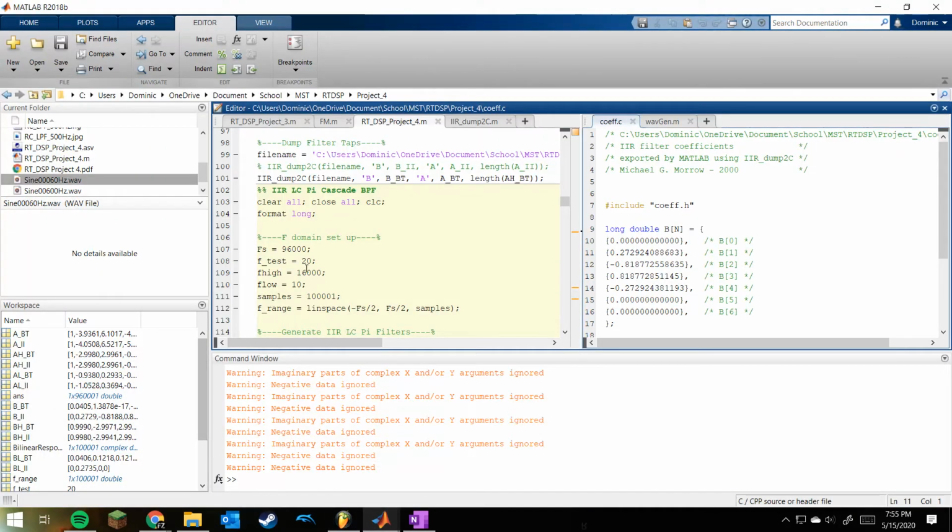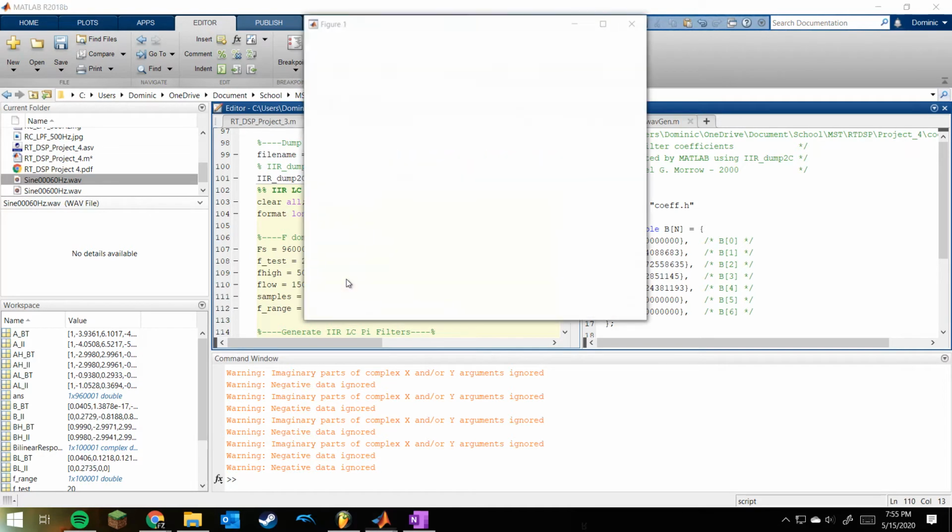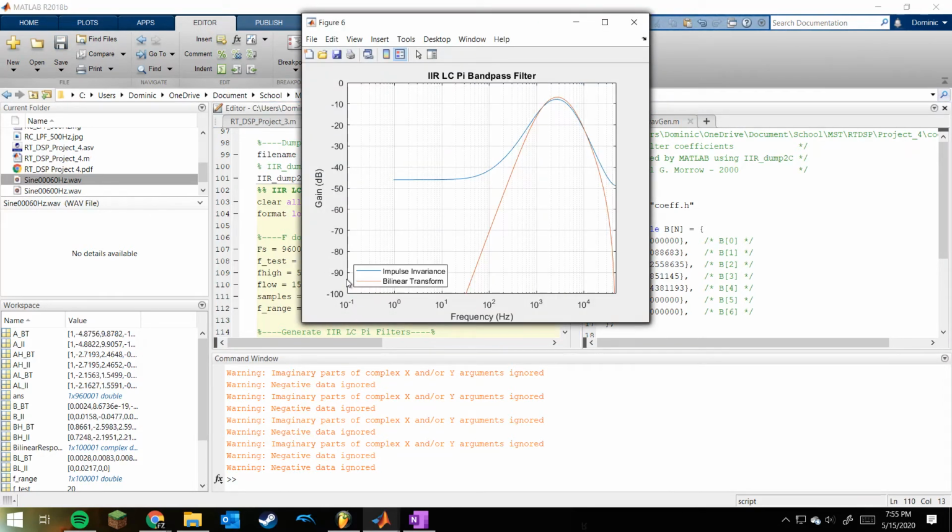So let's go ahead and change the filter around a bit. We'll bring the cutoff frequency to like 5,000 and between 1,500 and 5,000. That sounds fun. There we go. And again, this is the impulse invariance, so follow the blue line here.